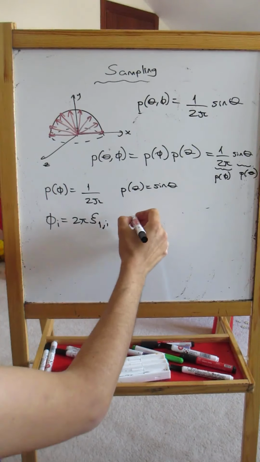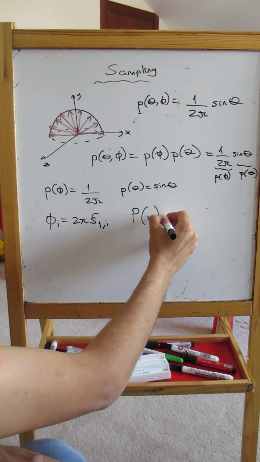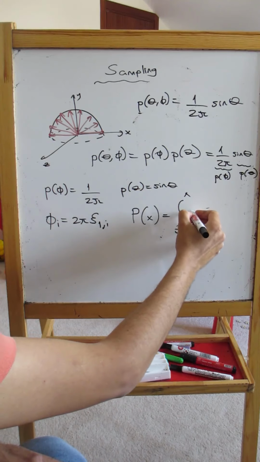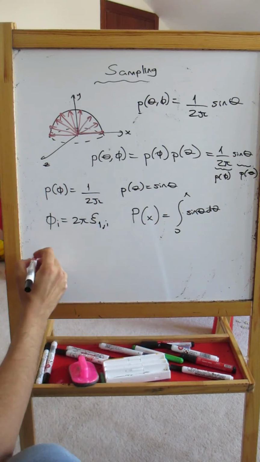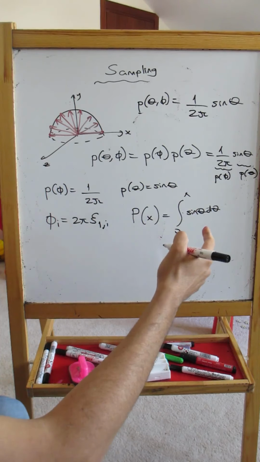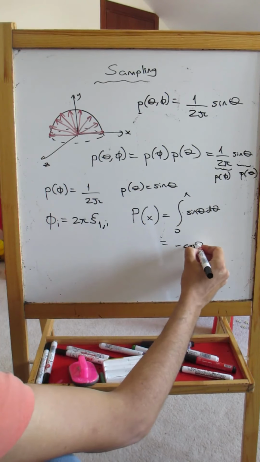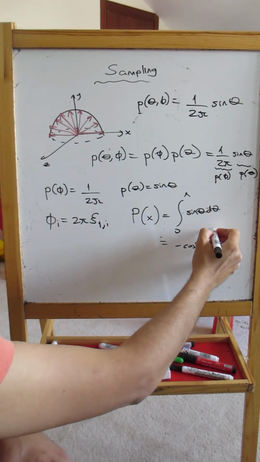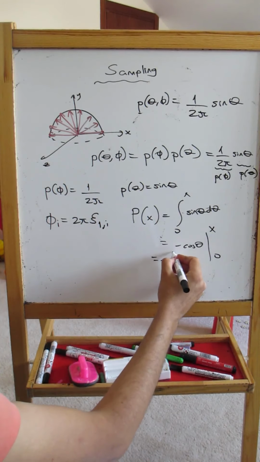Okay, so let's do that. Then the CDF of x is again defined as the integral from 0 to x of the PDF, which is sin theta d theta. Again, we know that the integral of sine is minus cosine, so this is going to be minus cosine theta evaluated from 0 to x.